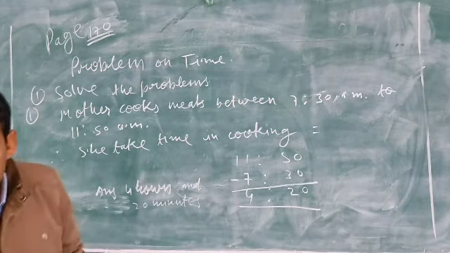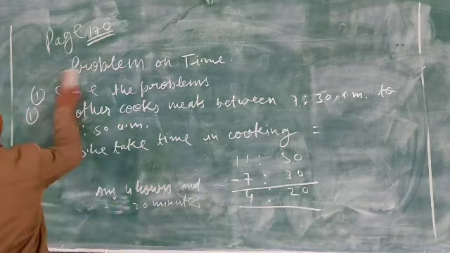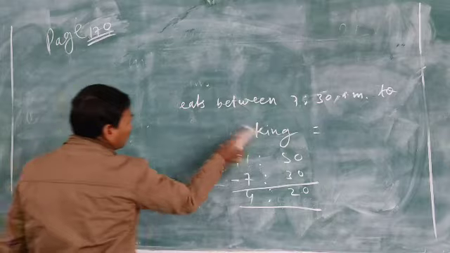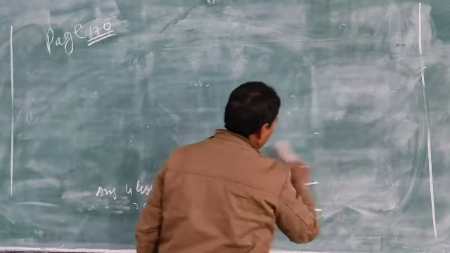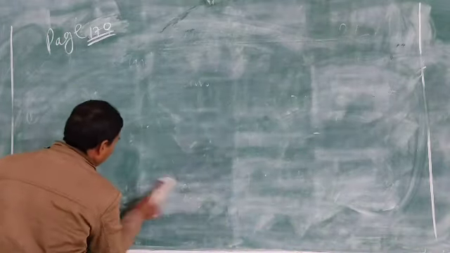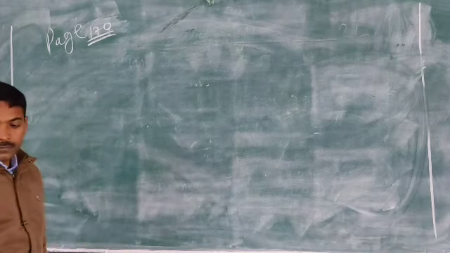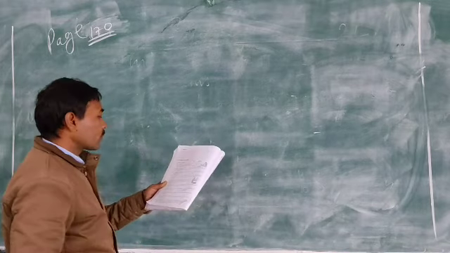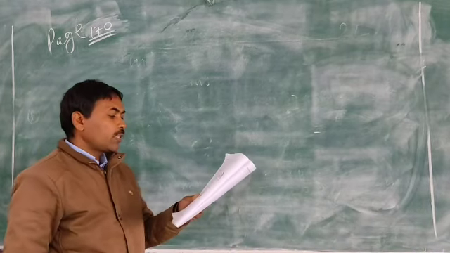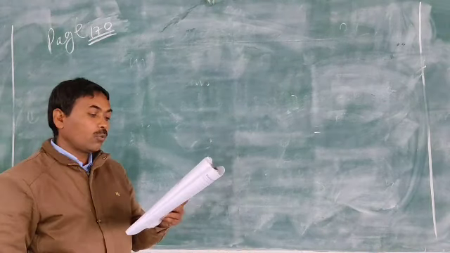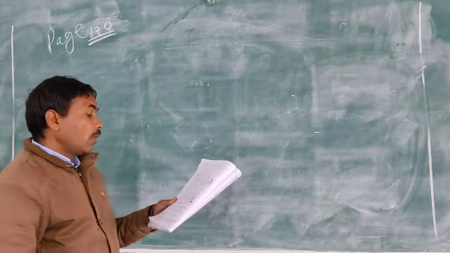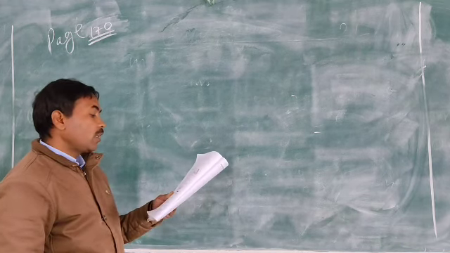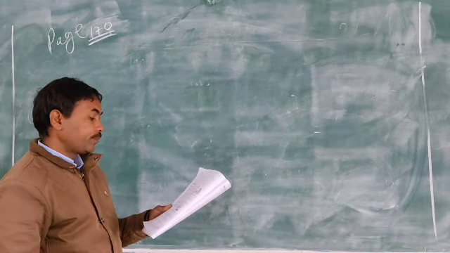Now come on to the third one. Yes, students, come on to the third one. An express train is due at 7:20 hours. If it is late by 2 hours 30 minutes, when is it expected to arrive?